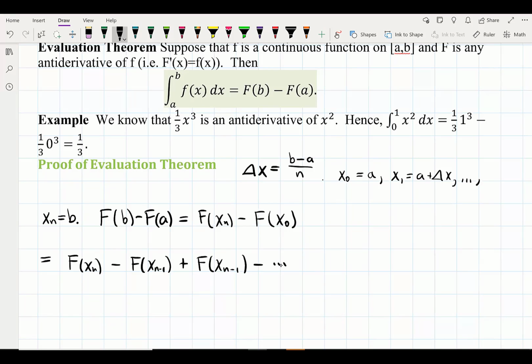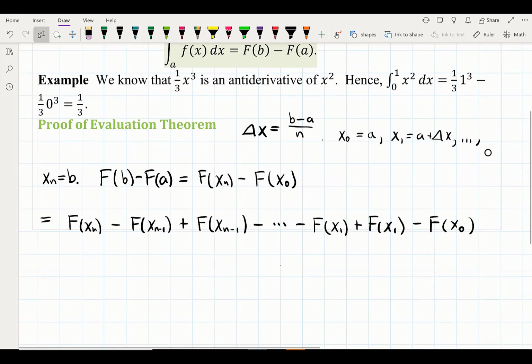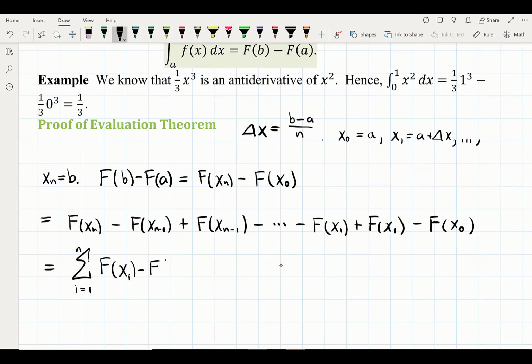So I'm going to do that for all the intermediate terms, all the way up until minus F of x1 and plus F of x1 and minus F of x sub 0. But that can be written more succinctly in summation notation. Sum of F of x sub i minus F of x sub i minus 1.